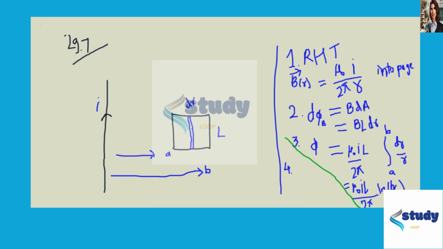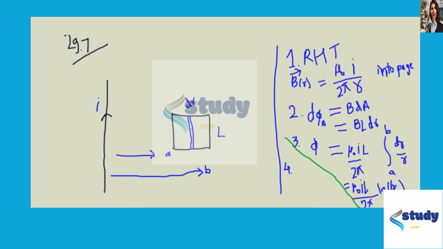Now that we know total flux that goes into the circuit, let's revise what we did here. The current was passing up. We use the right hand rule to figure out the direction of the current, so it goes into the page.